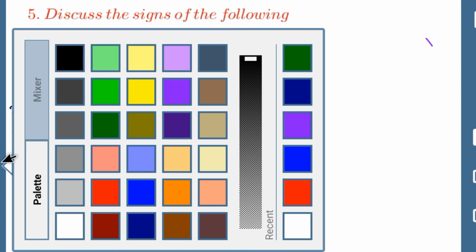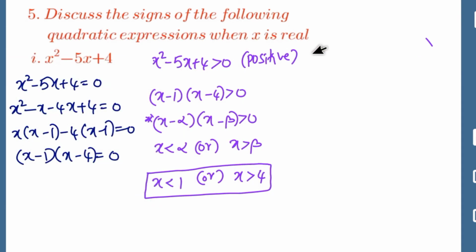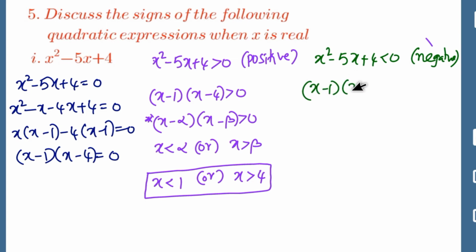When it is negative, let's see when it is negative. So right here, x square minus 5x plus 4, negative means less than 0. Expression is negative, less than 0. x minus 1 into x minus 4 less than 0.